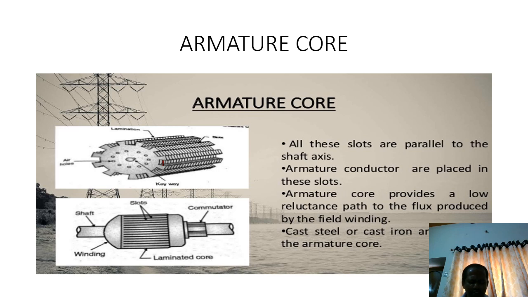When the shaft is driven, the armature and armature winding also rotate between the magnetic poles. The armature core serves the following purposes. It houses the armature conductors in slots. It provides a path of low reluctance to the magnetic flux.